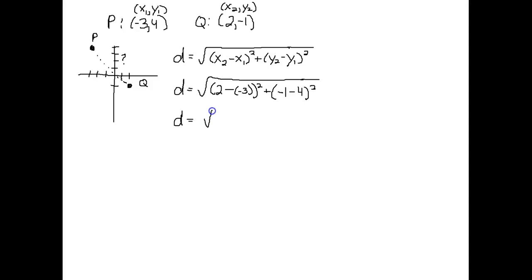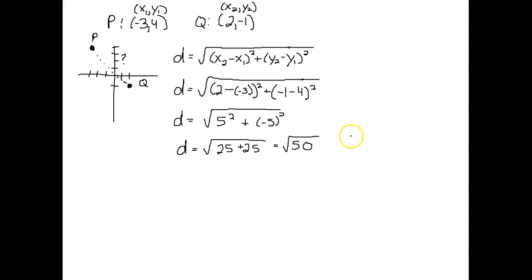Okay, so we've got the square root of, well, 2 minus -3 is 2 plus 3, or 5 squared. Plus we've got -1 minus 4 is -5, that's got to be squared. So we've got the square root of 25 plus 25, or square root of 50. Well, square root of 50 is an exact answer.